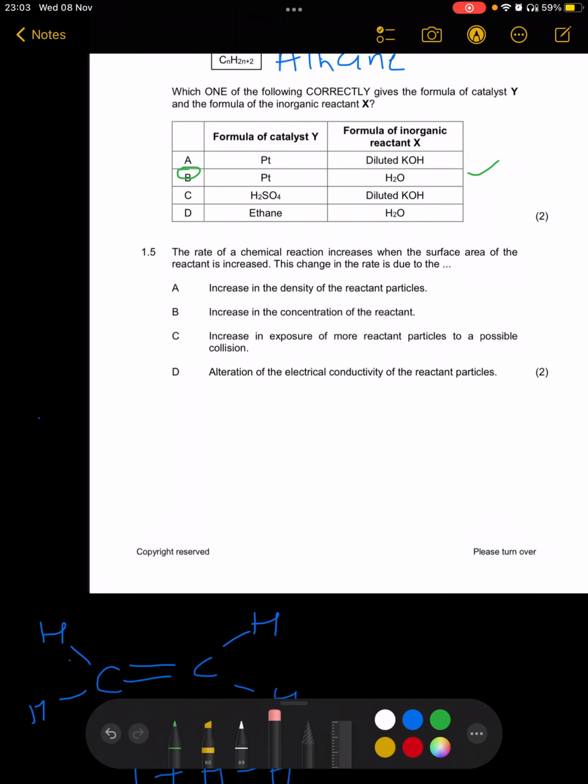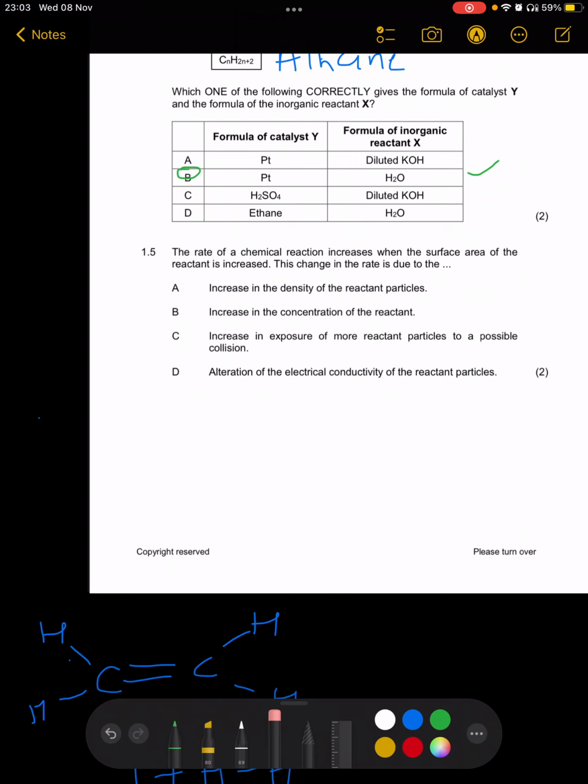Now, density is what? Mass over volume. Then we remove. Increase in the concentration of the reactant. You're only increasing the surface area. There is no concentration increase there. We remove. Increasing the exposure of more reactant particles to possible collisions.